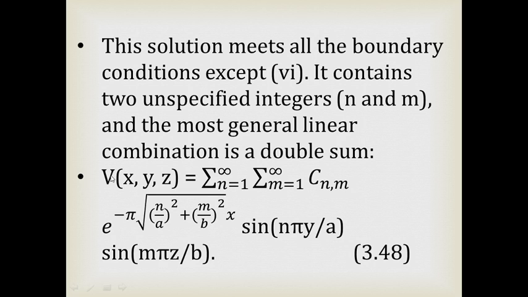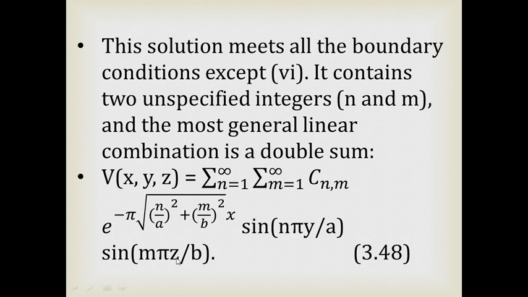So after adding all the boundary conditions, we are getting v as a function of x, y, z equal to double sum, n is equal to 1 to infinity, m is equal to 1 to infinity, C nm e raised to minus pi under root (n upon a) whole square plus (m upon b) whole square into x sine n pi y upon a into sine m pi z upon b.